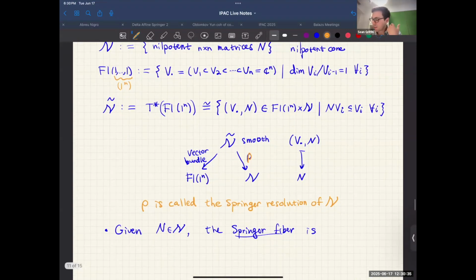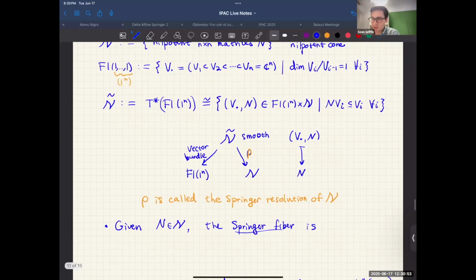And so where does the name Springer fiber come from? Given some element of the nilpotent cone, you can take the fiber over it, over this map, and that's the definition of a Springer fiber. So the Springer fiber over this nilpotent matrix, maybe I'll denote it by SP now, dropping the delta.